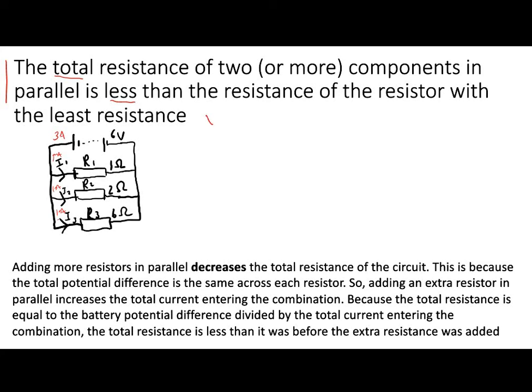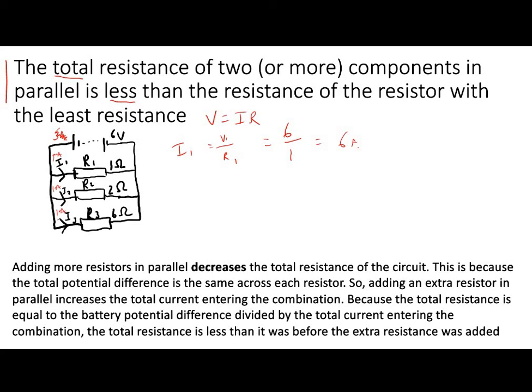So we're going to use our equation V equals IR. We're going to work out I1 as being V1 over R1. In this case, V1 is obviously going to be 6 because we know that the potential difference is the same. R1 is 1. So the current is 6 amps here. Let's just cross that out as well.